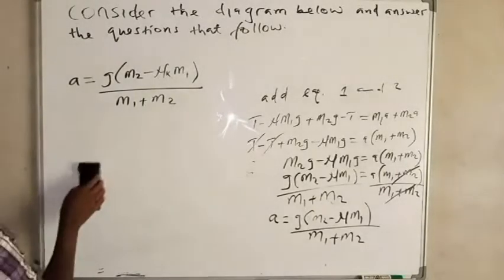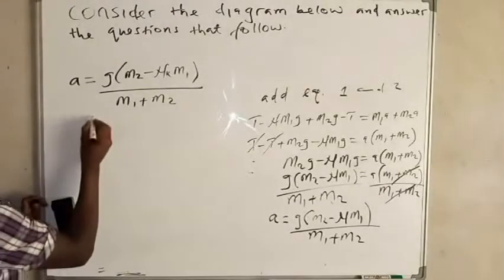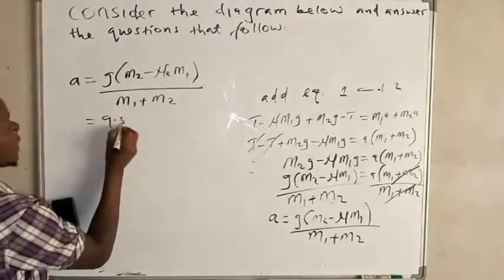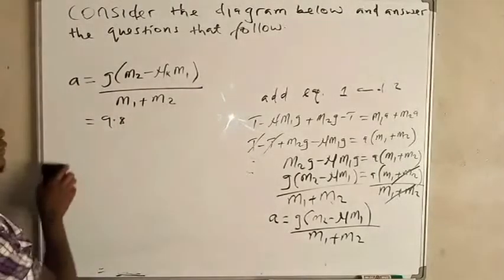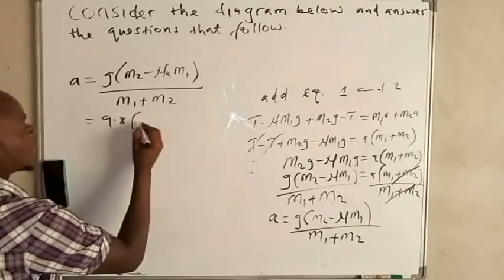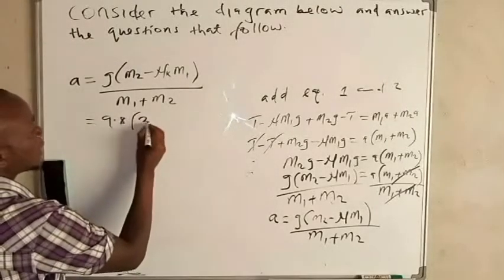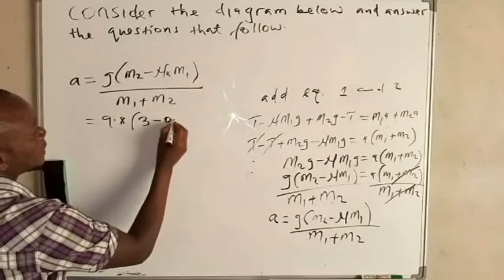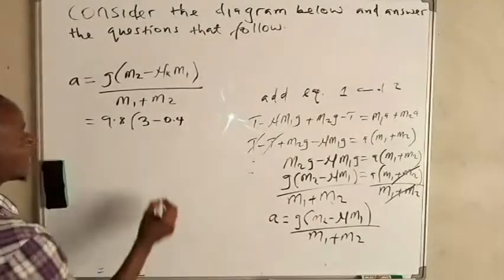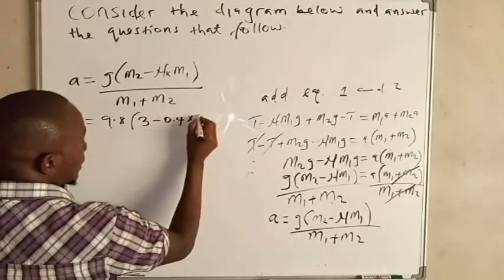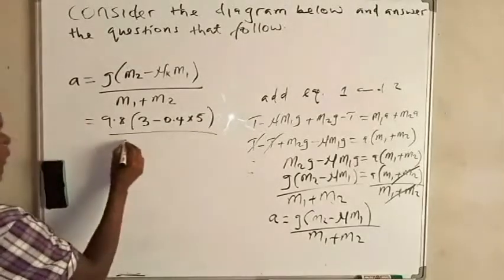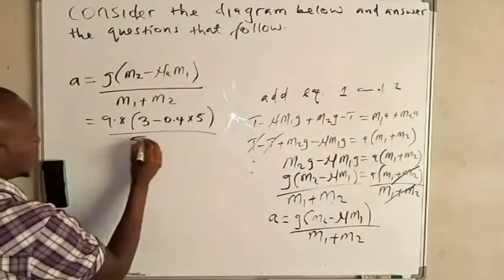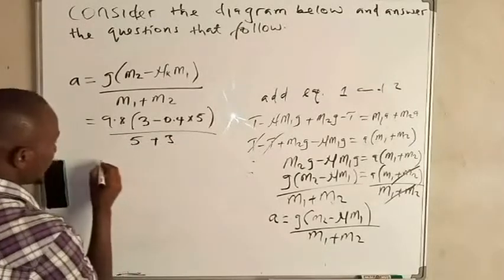If we plug in the values now, 9.8, the value for acceleration due to gravity, then we have m2, which is 3 kg, minus 0.4, the coefficient of kinetic friction, times m1, which is 5 kg, over 5 kg plus 3 kg.